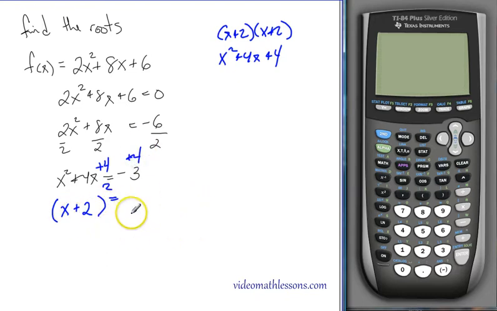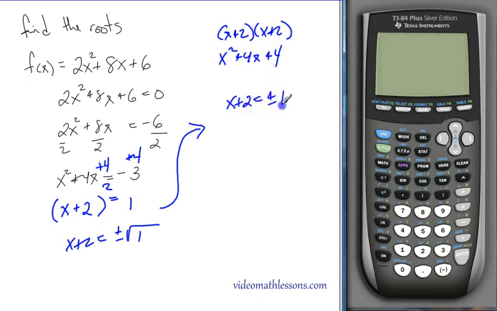So now I do the right-hand side. 4 minus 3 is a 1. Take the square root, so x plus 2. And when you do this completing the square, don't forget you have to do the positive and negative square root. So I got x plus 2 equals plus or minus 1.